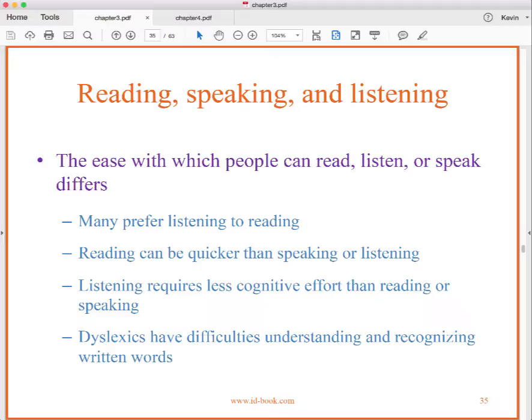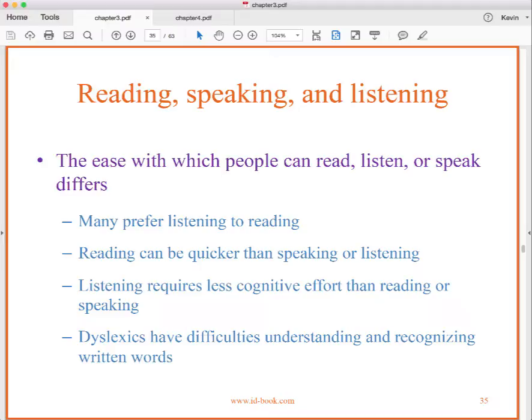I've gotten to the point where listening to audiobooks is probably my chief way of experiencing fiction, where there was a time in my life when I thought that was just simply cheating and wasn't at all interested. Reading can be quicker than speaking or listening, and you only have to go to a speech where they hand out the text ahead of time, and when you're really interested, you get so far ahead of the speaker, you just wish they would shut up.